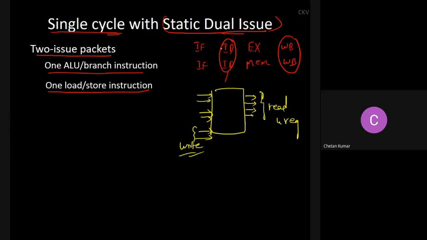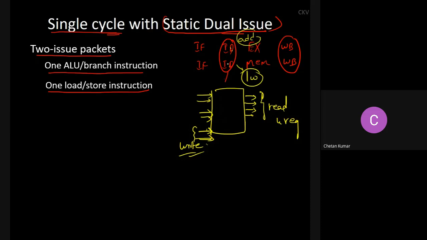For example, in one case you will have some ALU instruction, let's say add. In another case, you have a load instruction. Both of these instructions will write something into a register. So if you are using the same register file, you should allow for 2 writes to the register file. This is one modification that you have to look at.